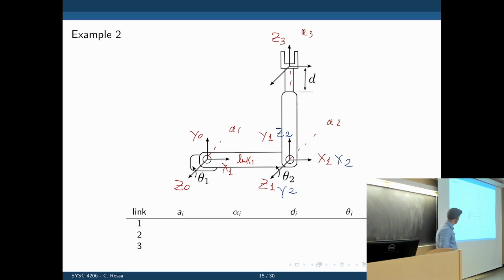It's in the opposite direction of x1, because if we rotate it this way, it goes to the other side.